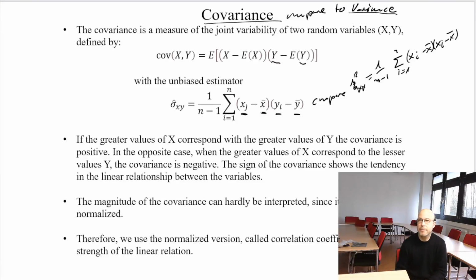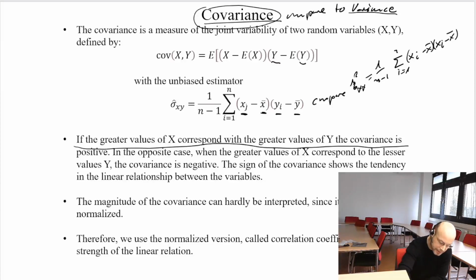And with this number, we can more or less say that we have the correspondence between our two variables x and y. And of course, we can also say that this number can be negative. Why is it possible that this number is negative and the variance not?